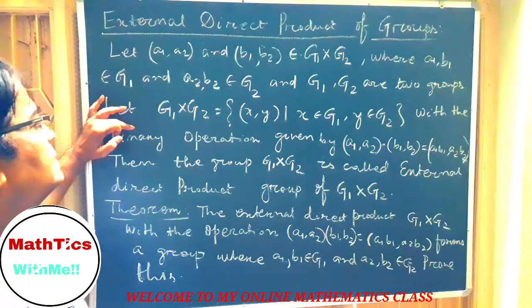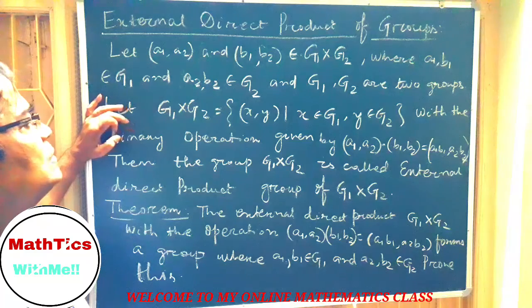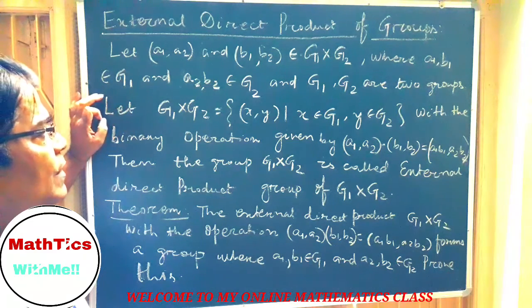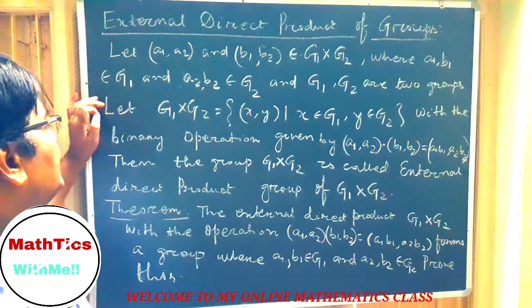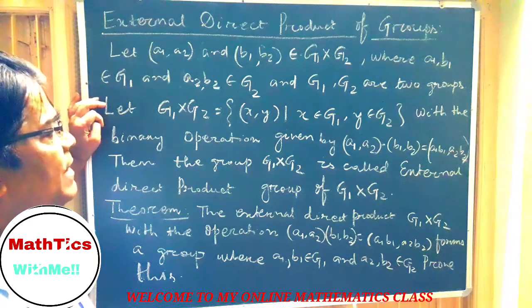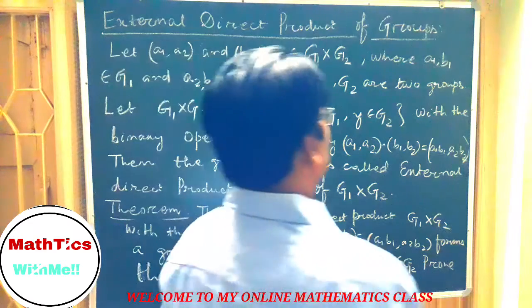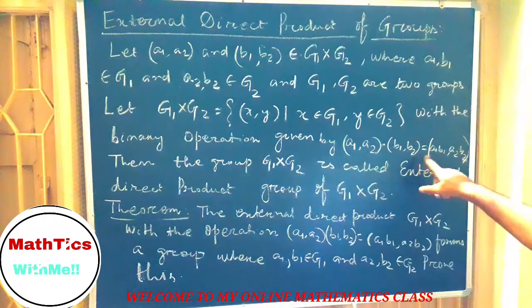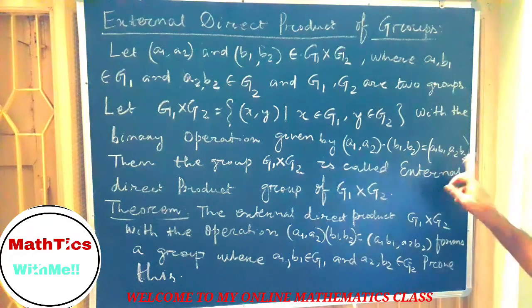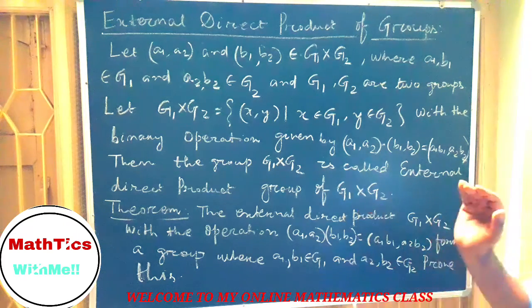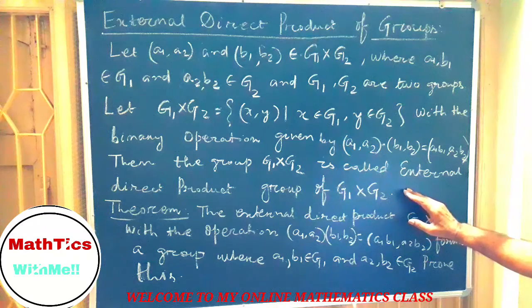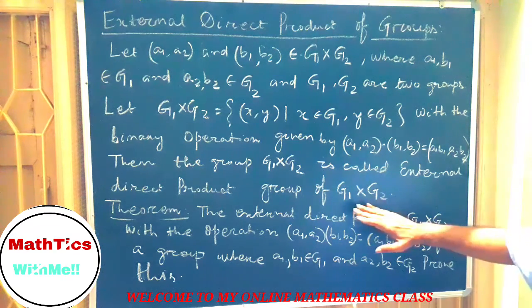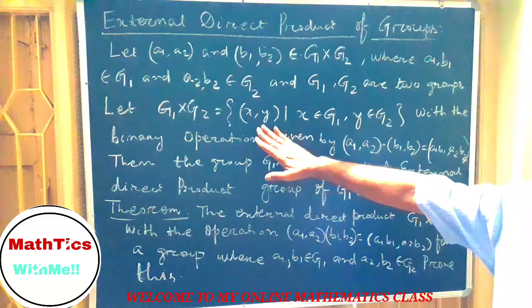Now G1 cross G2 equals the set of ordered pairs (x, y), x belongs to G1, y belongs to G2, with binary operation given by (a1, a2)(b1, b2) = (a1 b1, a2 b2). Then the group G1 cross G2 is called the external direct product group of G1 and G2 with this operation.